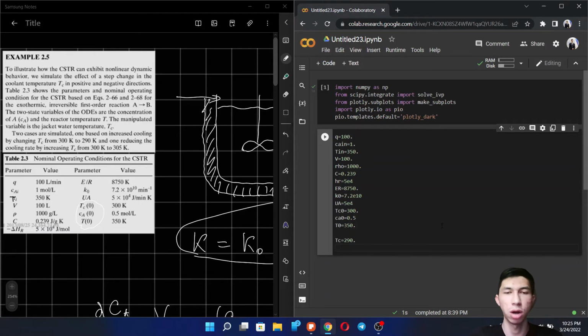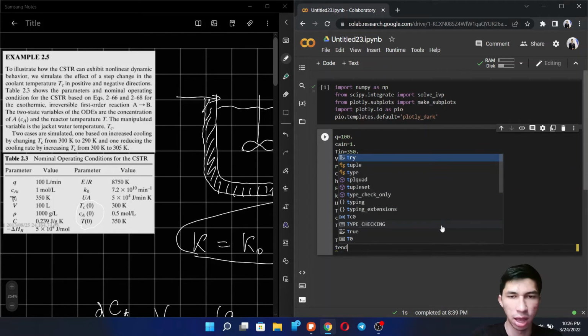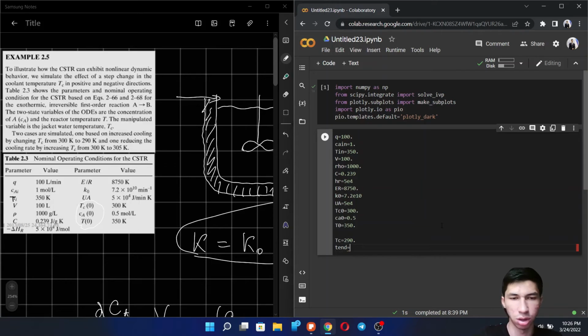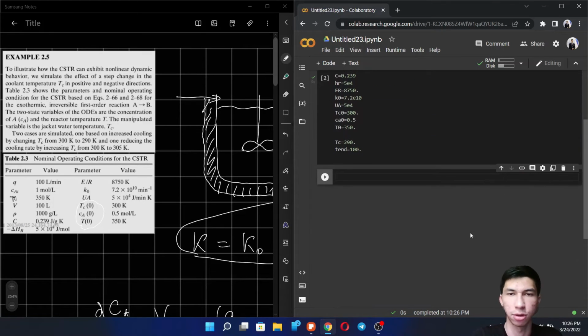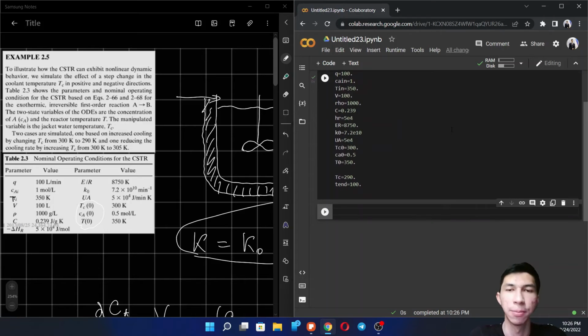And as we're going to be running a differential equation, we will need to supply the time, so we will need to set an ending time. Let's have our ending time equal to 100. That must be 100 minutes, more than enough. Okay, I'm going to have all the constants.